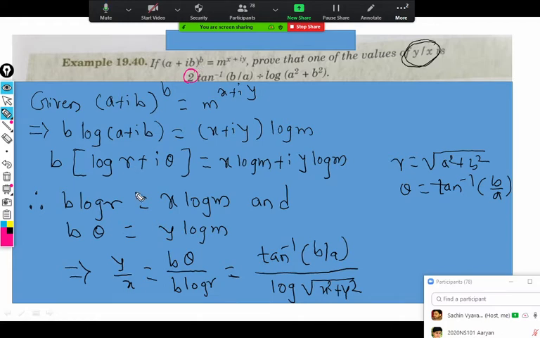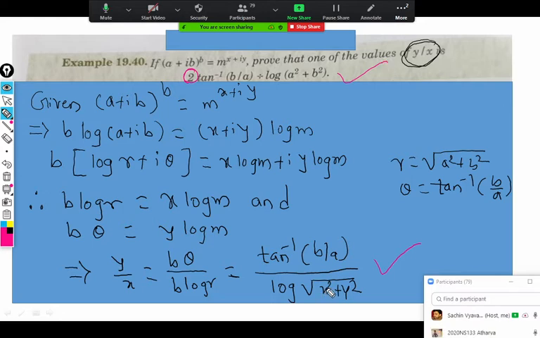So log will give us half. Then you will get that 2. So log of root of x square plus y square can be written as log of (x square plus y square) raised to half, and that half comes outside, and that 2 comes in the numerator. So this is also correct. Whatever is written is correct, and this is also correct. Both are correct. My mistake.